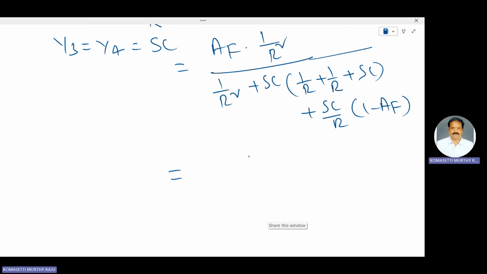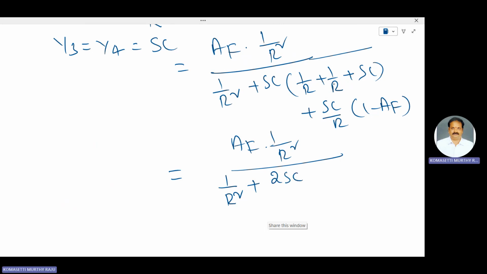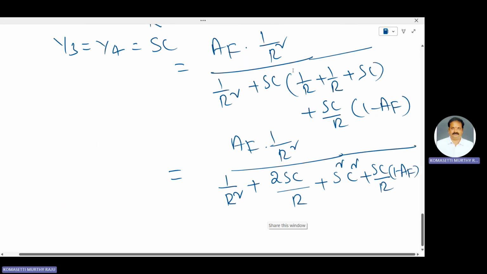AF 1 by R square, 1 by R square, 2 SC by R plus S square C square, plus SC by R into (1 minus AF).